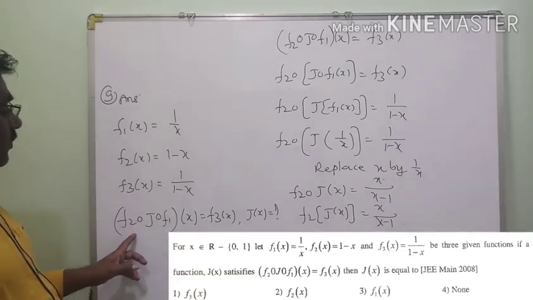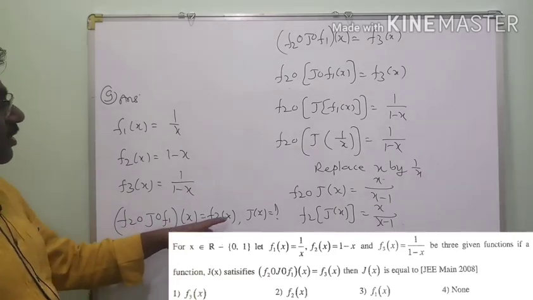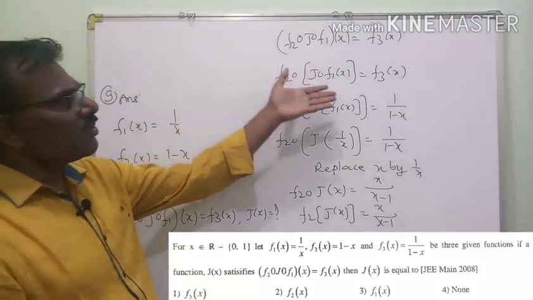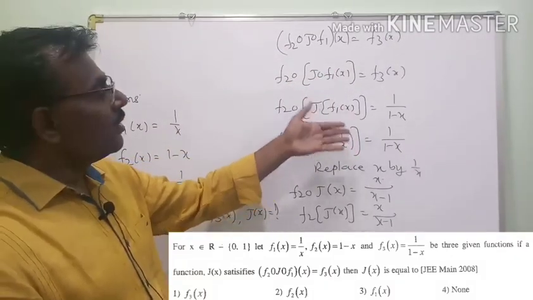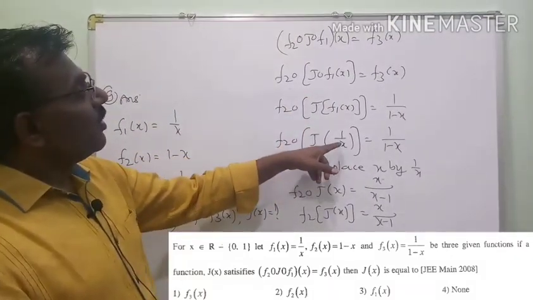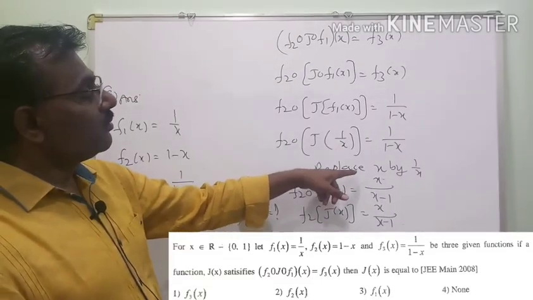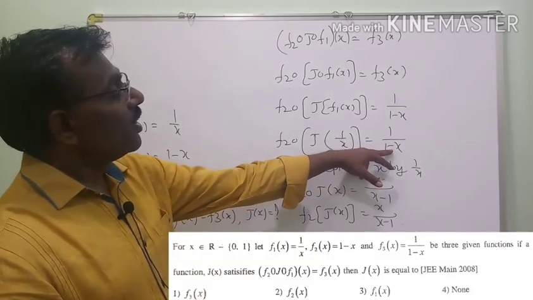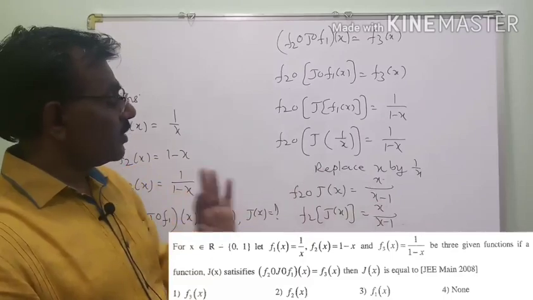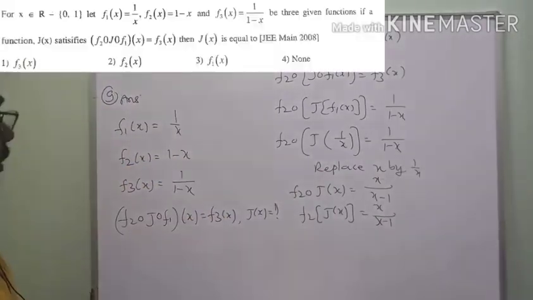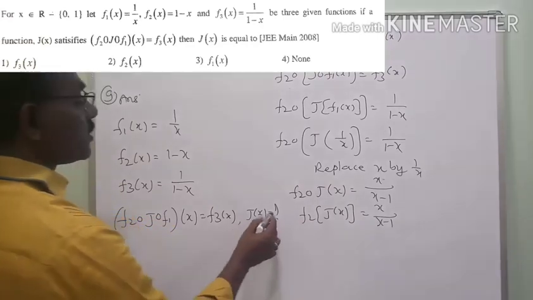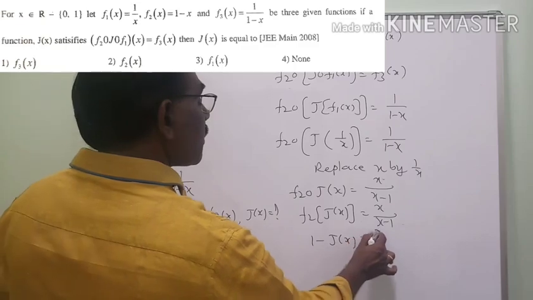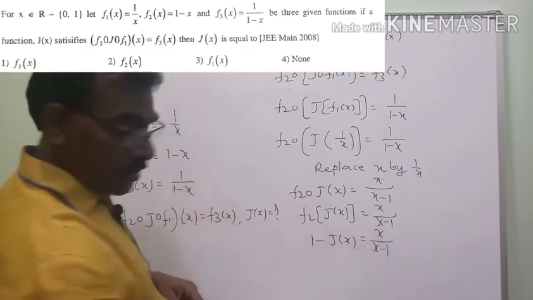For the condition given, f2 composition j composition f1 of x is f3 of x, he is asking what is j of x. Nothing, very simple composition property I am using. So finally j of 1 by x means you want j of x replacing x by 1 by x, so this is x by x minus 1. Here what is f2? 1 minus j of x, x by x minus 1.